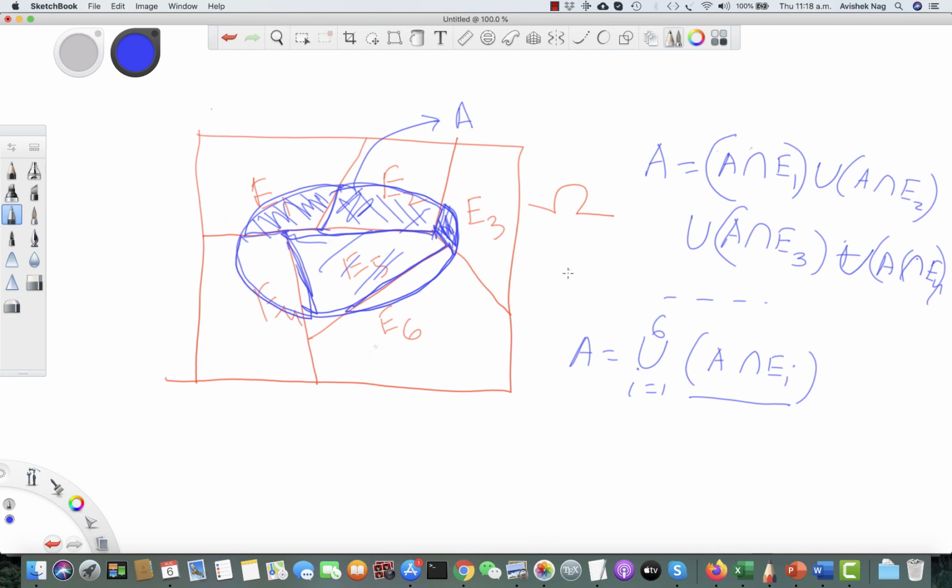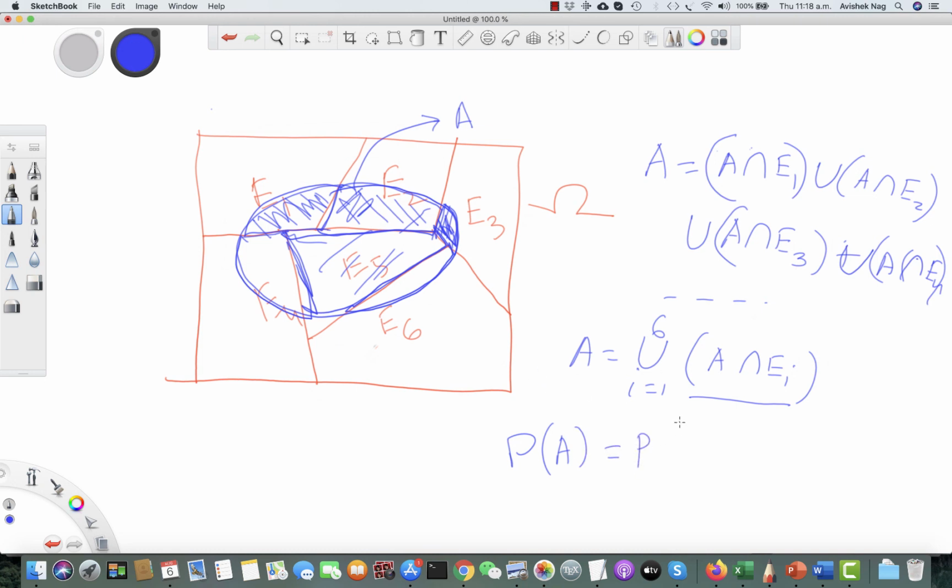So this A can be represented as a union of all these A intersection Ei, and since these are mutually exclusive, you can write probability of A if you take probability on both sides.